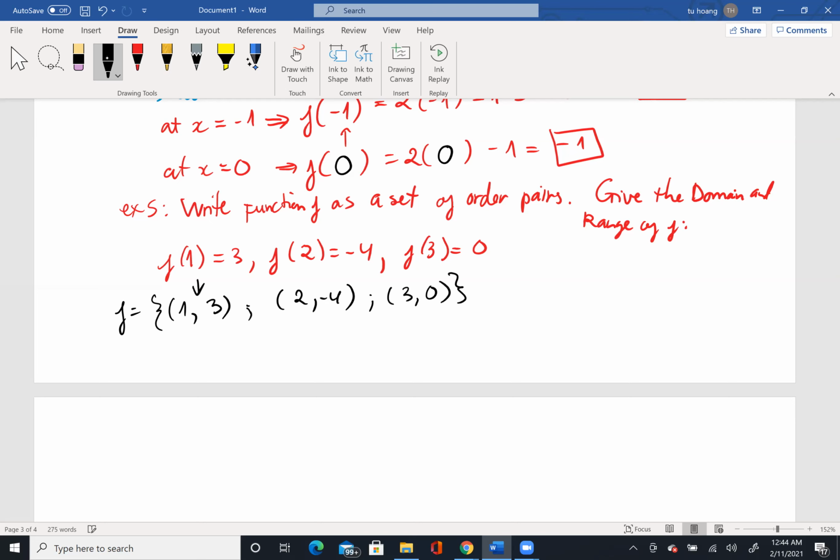So the domain will be what? The domain will be the set of all inputs, which is 1, 2, and 3. Remember that? And the range will be all the values of y. So 3, negative 4, and 0. So far, so good.